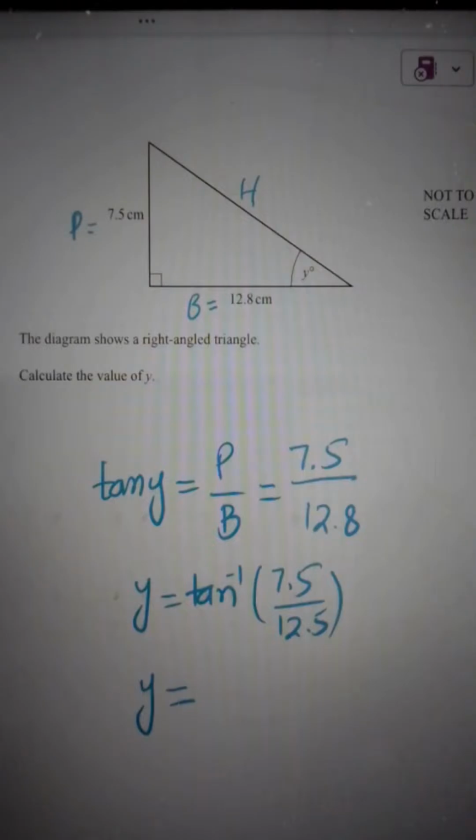It is tan inverse of the value 7.5 divided by 12.8.